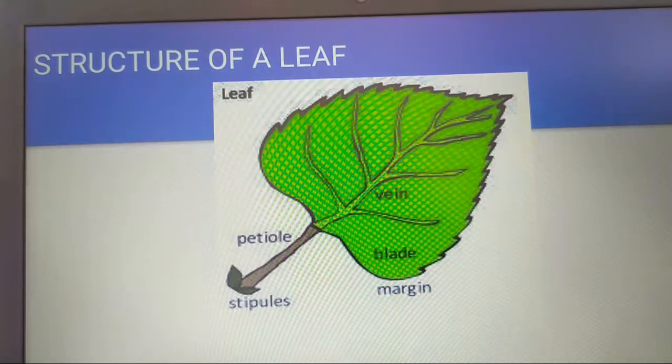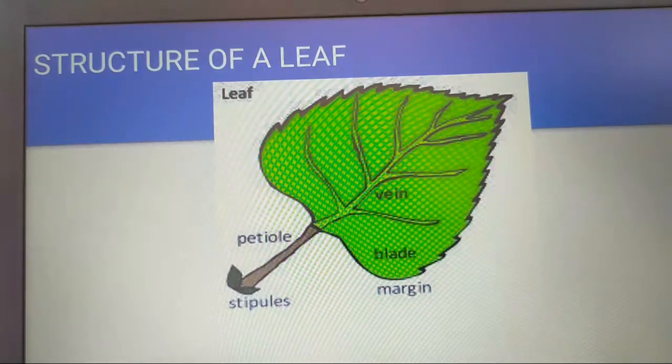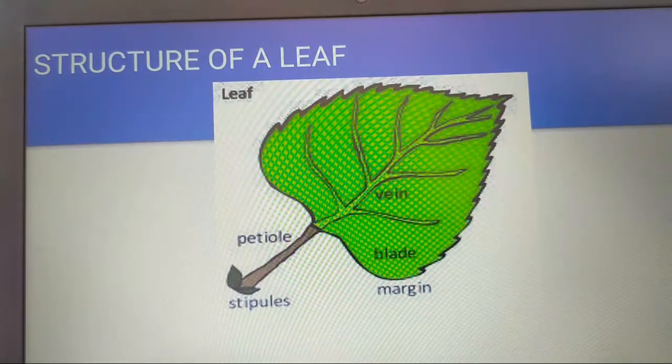As you are aware, the leaf takes carbon dioxide from the atmosphere for the preparation of food by the process of photosynthesis. So this exchange of gas takes place through stomata. The stomata take carbon dioxide from the air and release oxygen back into the atmosphere.